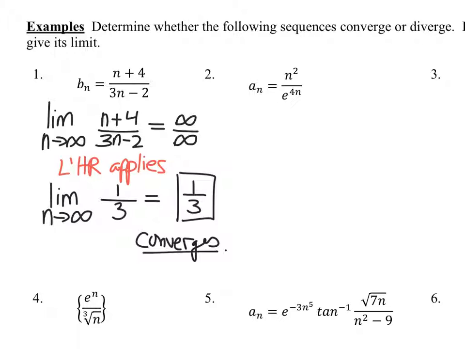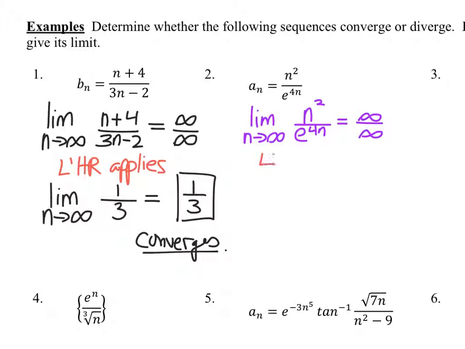Number 2. Limit as n approaches infinity of n squared over e to the 4n. Well, if I plug in infinities, again, plugging and chugging away, I'm going to get infinity squared, which is infinity, and e to the infinitieth power, which is infinity.